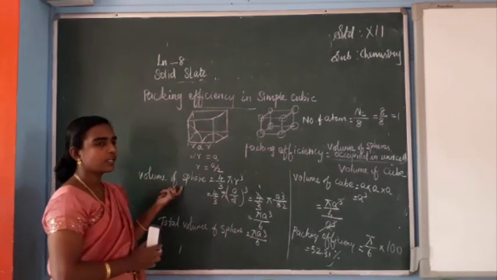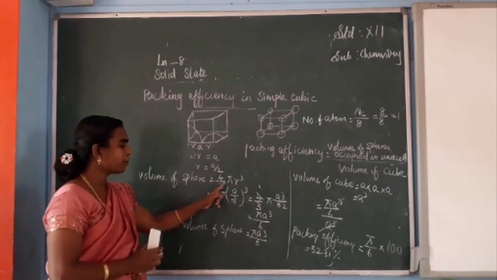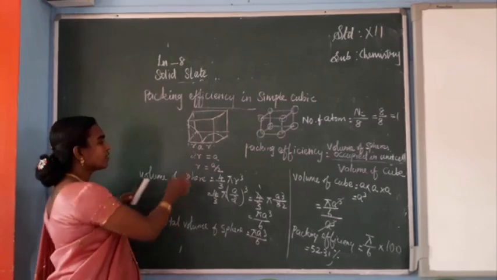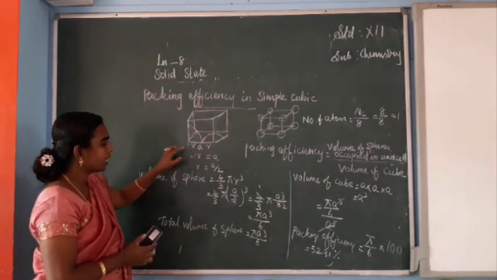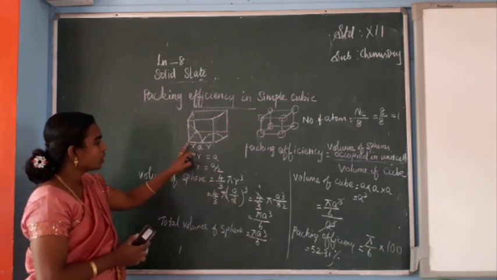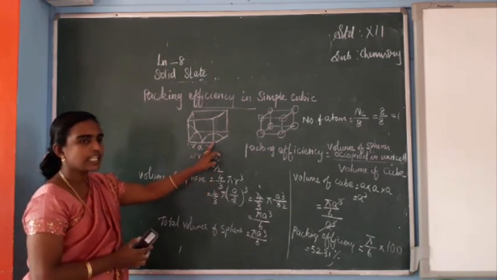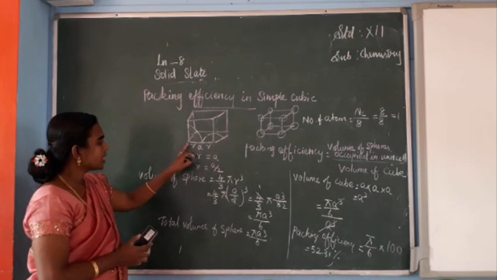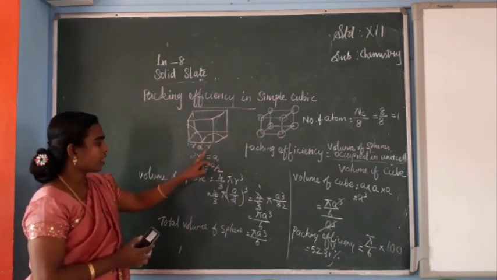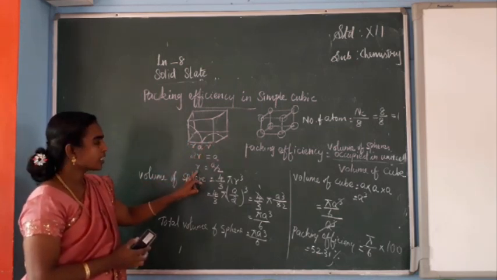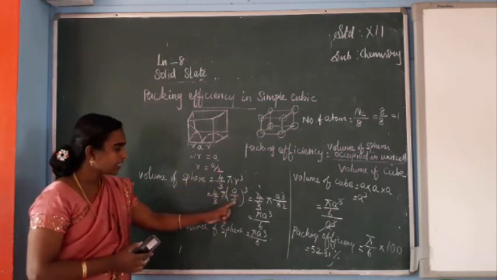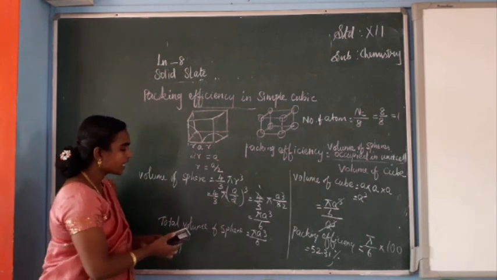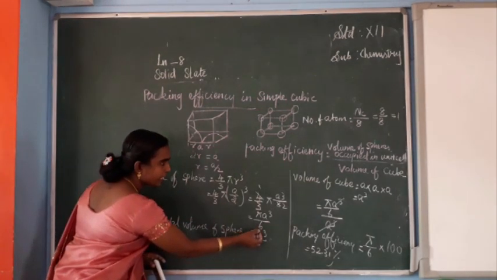The volume of one sphere formula is 4/3 pi R cube. Here for simple cubic arrangement, atoms are present at the corners. So the edge length A is equal to R plus R, that is 2R, so R is equal to A by 2. This R can be substituted here, so we get pi A cube divided by 6.